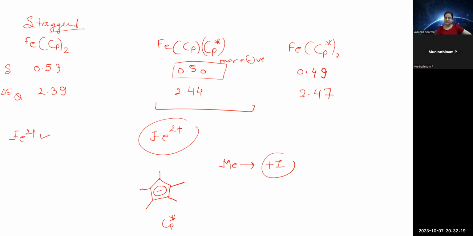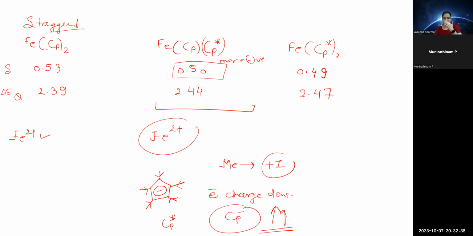That's an inductive effect. It will give electrons through the inductive effect, which is not a permanent effect. So when it is giving the electrons through the inductive effect, it is increasing the electron charge density on the CP ligand.